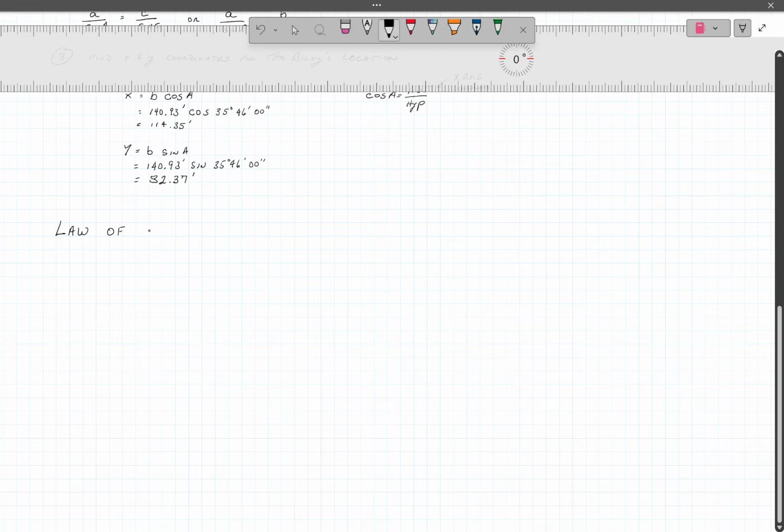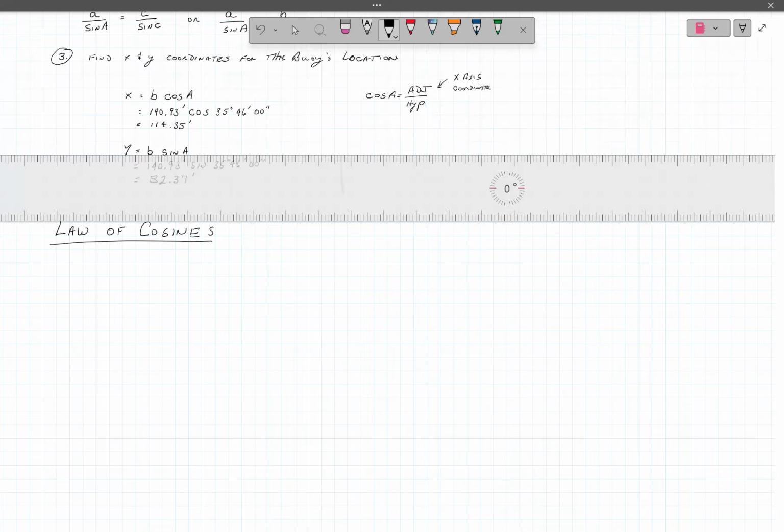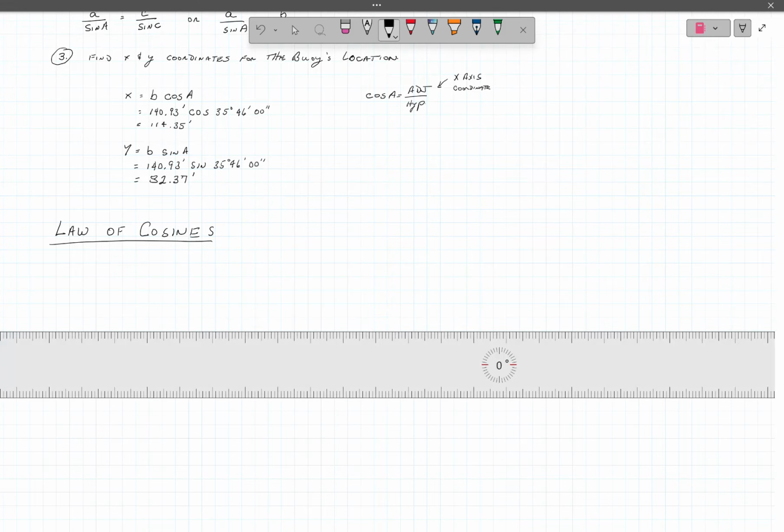Law of cosines. This one's a wee bit more complicated, but nothing that's all that horrible. It's just more to remember. And this is going to come with, draw the triangle again just so we've got it.